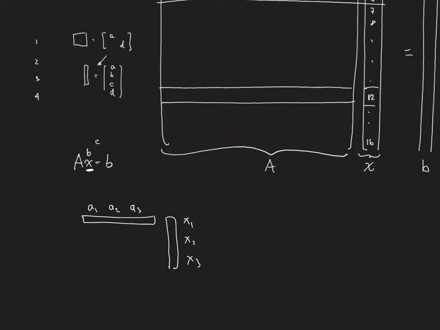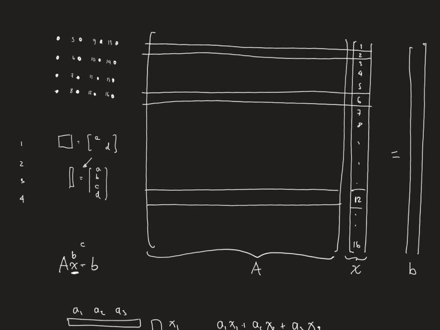What does it mean? It means that you are multiplying A1 times X1 plus A2 times X2 plus A3 times X3. Which means that what we're doing in here is to have this column, which is T1, T2, T3, T4, T5 until T16, multiplied by each element in here. And this is how we will introduce the equations that we're interested in.